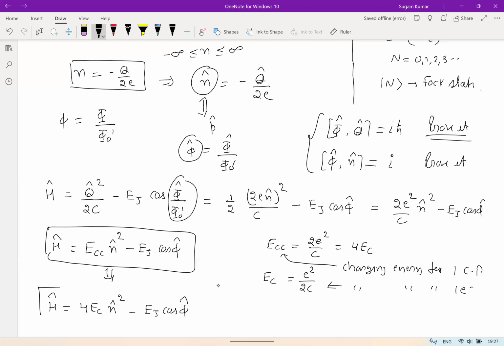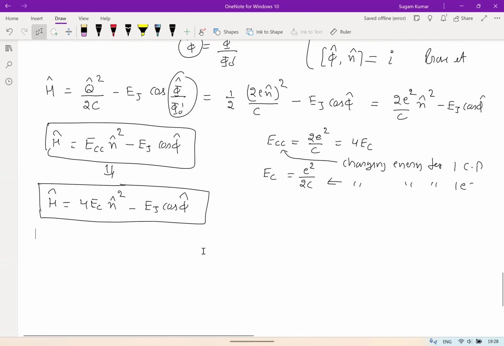So you can see how simple this Hamiltonian becomes when you write it in the number operator. Fine, up till here, no issue.